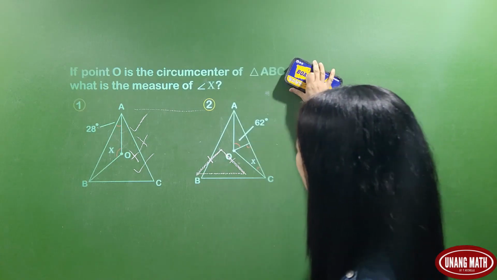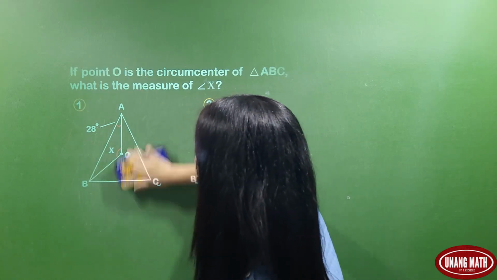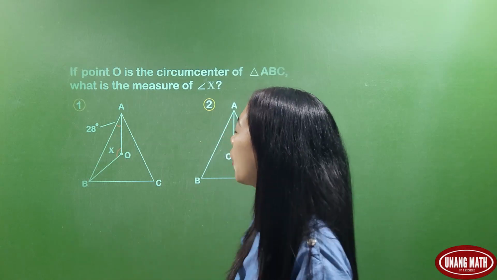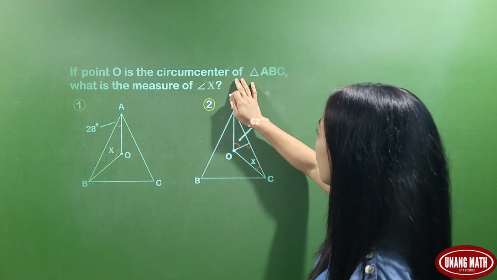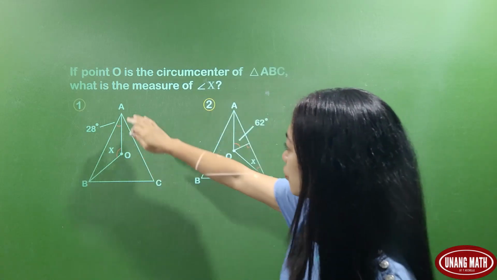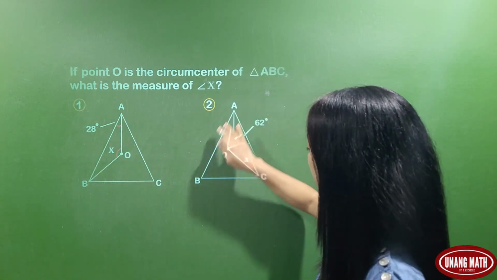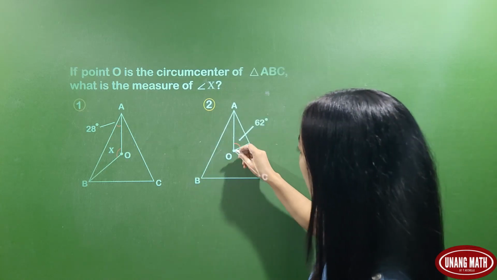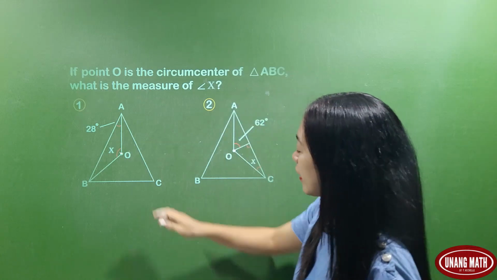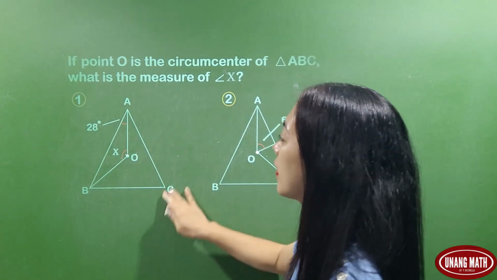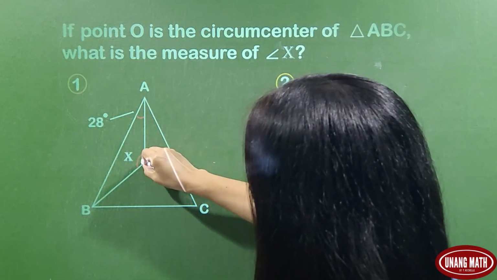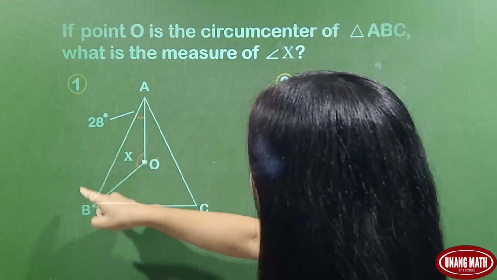Now let's also answer this simple question. If point O is the circumcenter of triangle ABC, what is the measure of angle X? Let's start with this first figure. O is the circumcenter of triangle ABC.